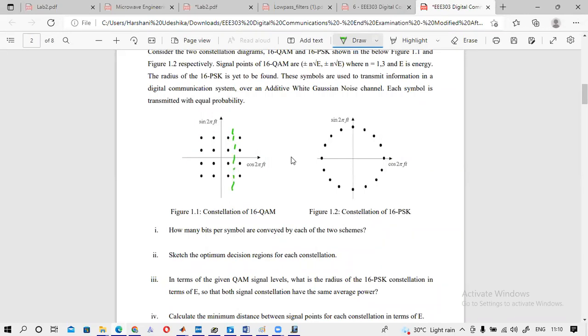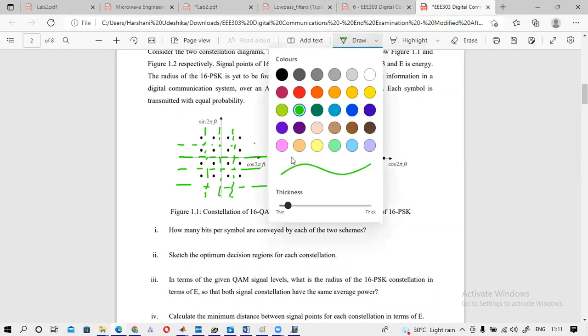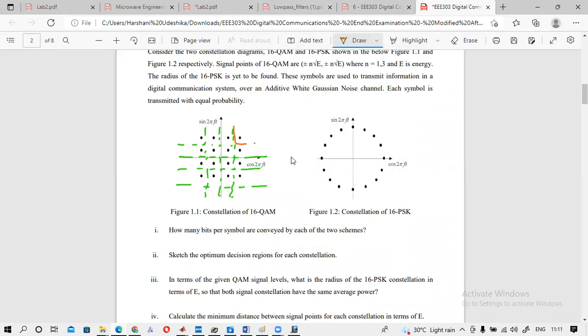This is one decision boundary, this is one decision boundary, and this is another decision boundary. And here you have one decision boundary, this is another, this is one, and this is another. So if you consider this symbol, this will be the decision region.